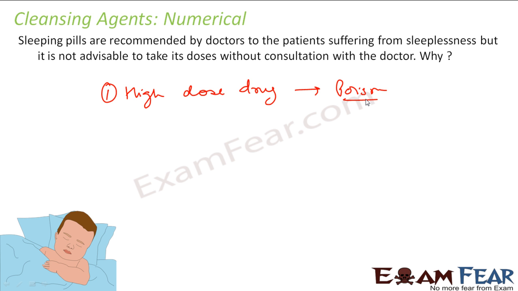It will kill some bacteria, it will kill some enzymes. So if you take it in a high dose, it can be poison for you. Also, the doctor is the correct person who will decide how much dose you have to take. So it has to be taken with the consultation of a doctor, else it may be a poison for you.